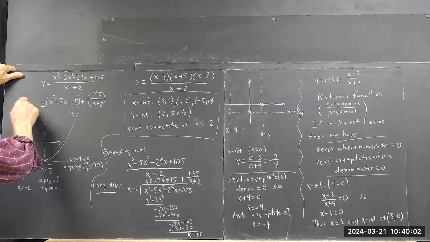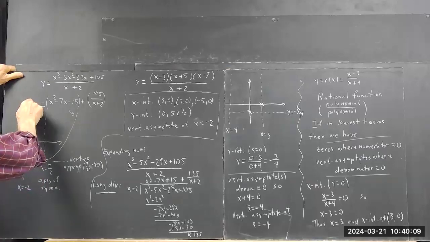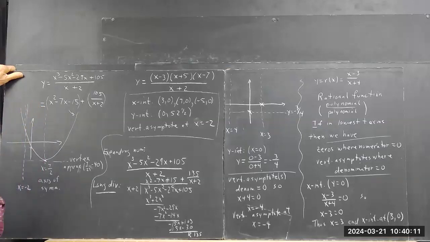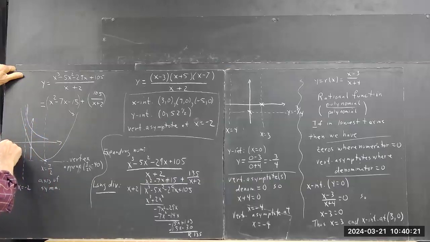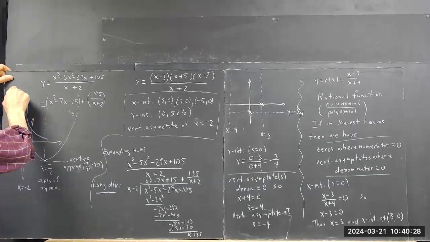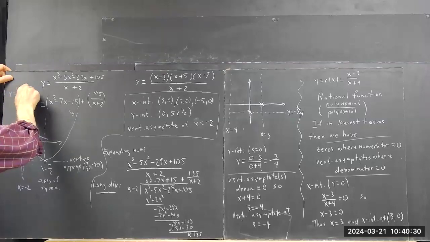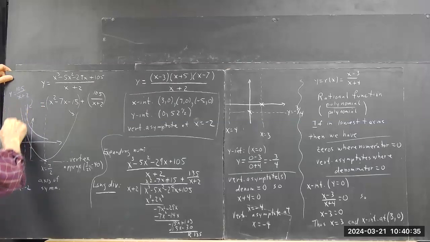But right here, we've got this y is 105 over x plus 2 function.